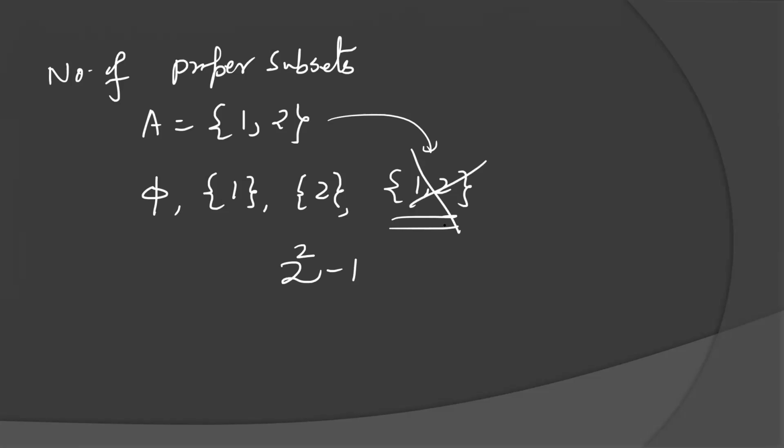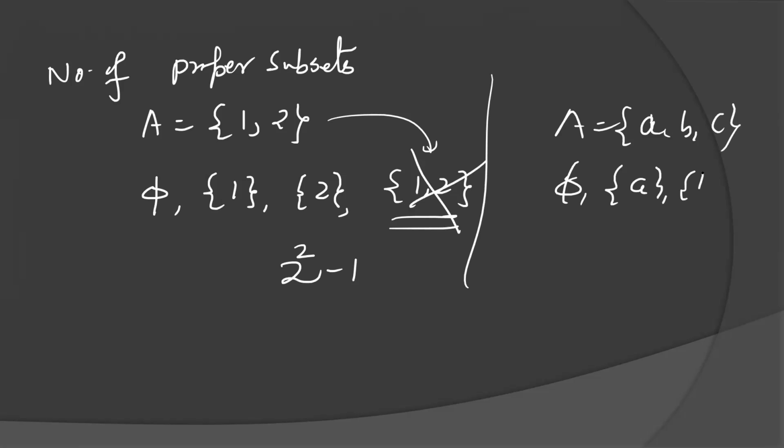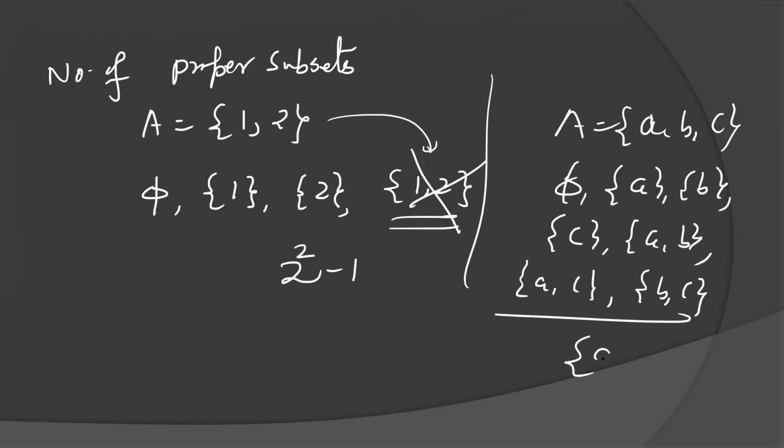We are excluding the set itself. If you take the 3 elements a, b, c, then the null set, a, b, c, the collections of 2: ab, ac, bc, there are 7. We cannot take abc because it will become the set itself. So it will be 2 cubed minus 1, or 2 to the power m minus 1. Why minus 1? Because we are excluding the set itself in the proper subsets. So this is the number of proper subsets.